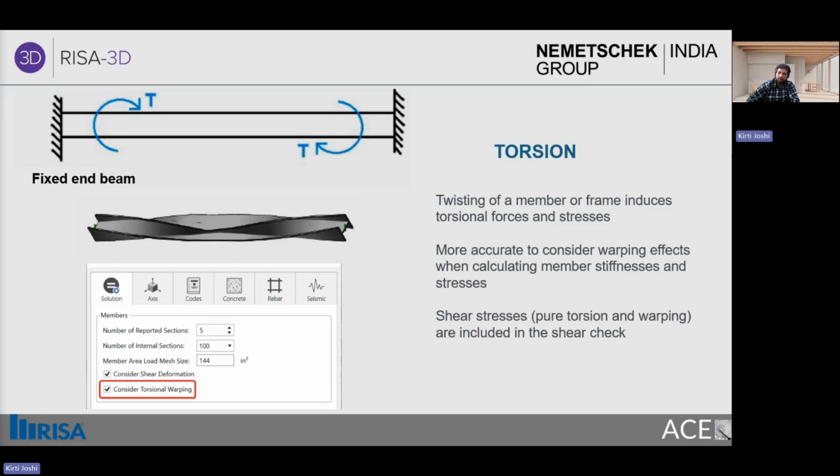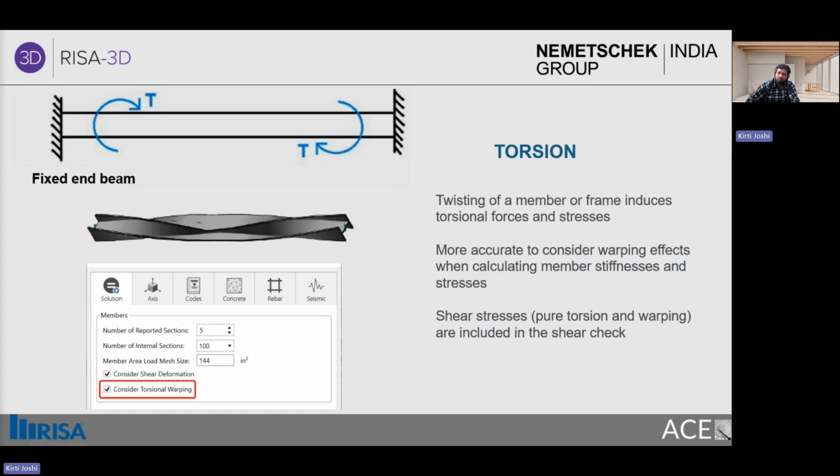But there is a way you can turn this effect off. In the model settings tab within RISA 3D, you will see the checkbox to consider torsional warping, as shown here in the slide. RISA also calculates and lists the torsional stress for the members of the structure, including the warping stress and the shear stress.